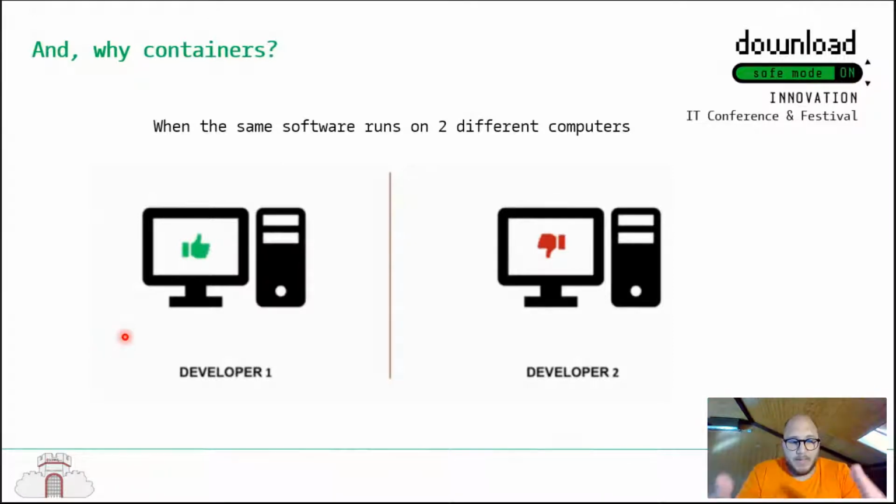Developer 2 uses the hypervisor that he likes to run this virtual machine, and then we can talk in the same language. Sometimes that solution is not the best solution, and that's why containers are here.